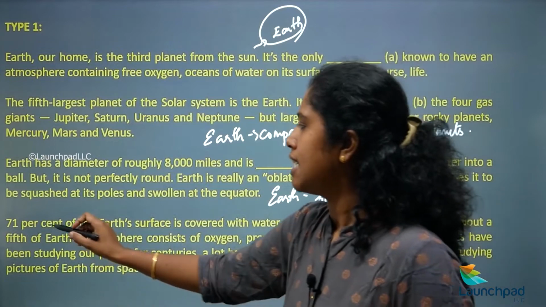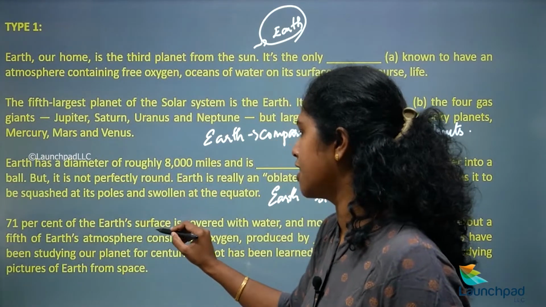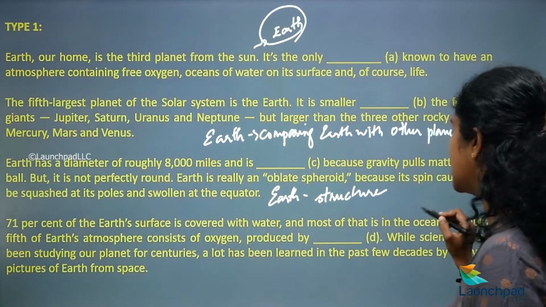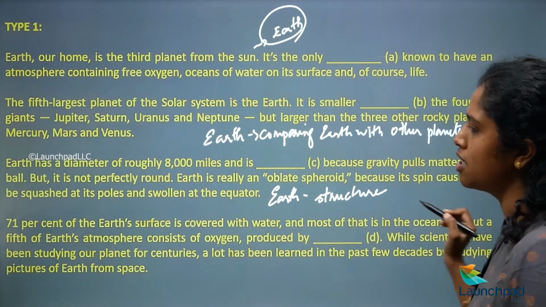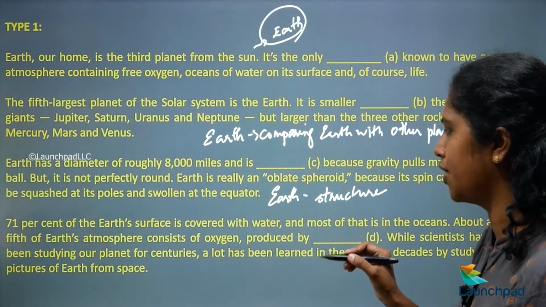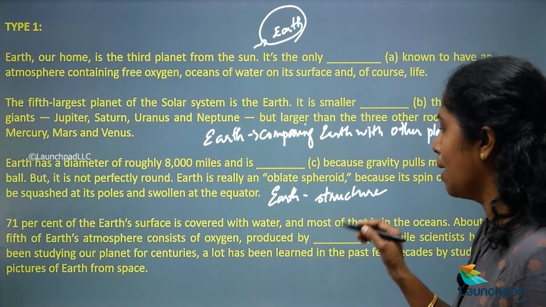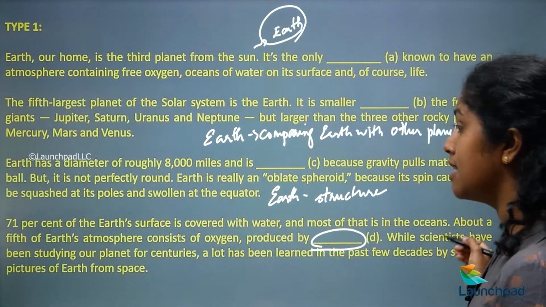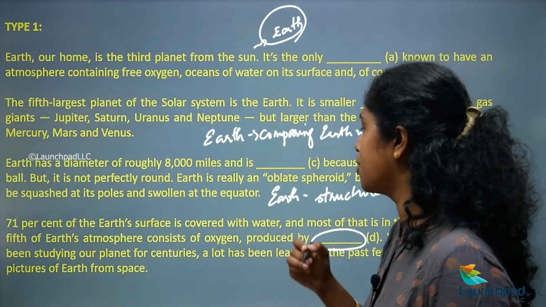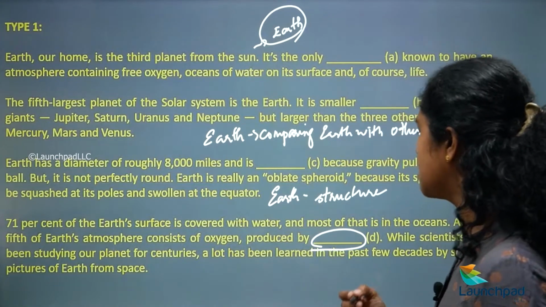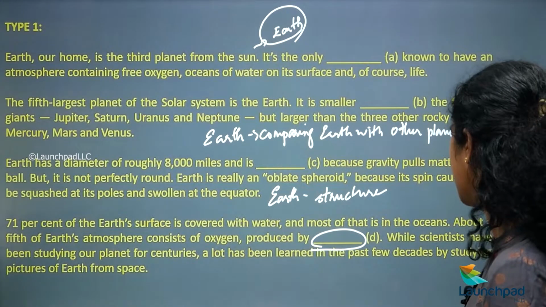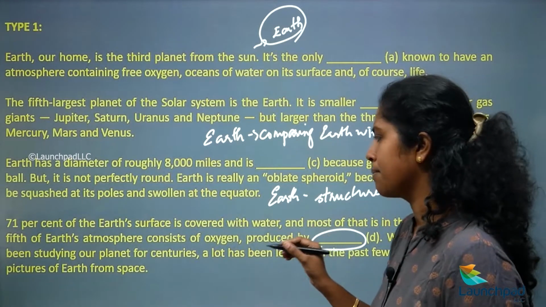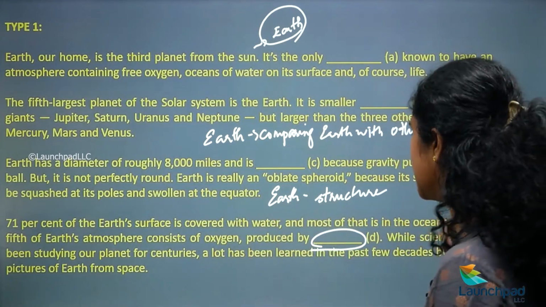And next, 71% of the Earth's surface is covered with water and most of that is in the oceans. About a fifth of Earth's atmosphere consists of oxygen produced by dash. While scientists have been studying our planet for centuries, a lot has been learned in the past few decades by studying pictures of Earth from space. So what are they telling in this paragraph?